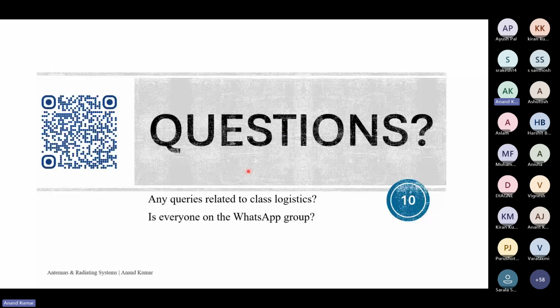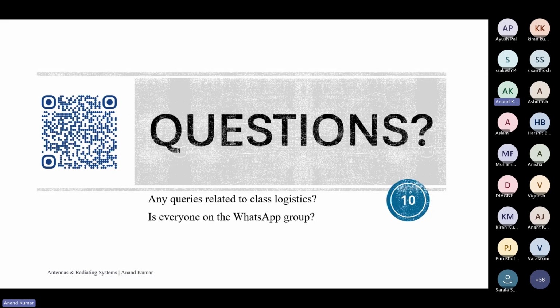If not, there's a QR code over here, and I'll paste the WhatsApp group link again in the chat for this meeting.